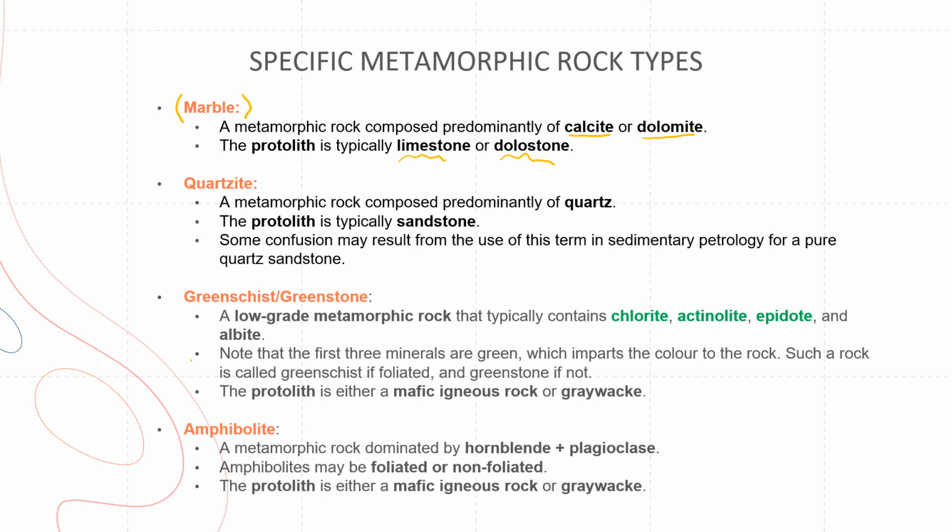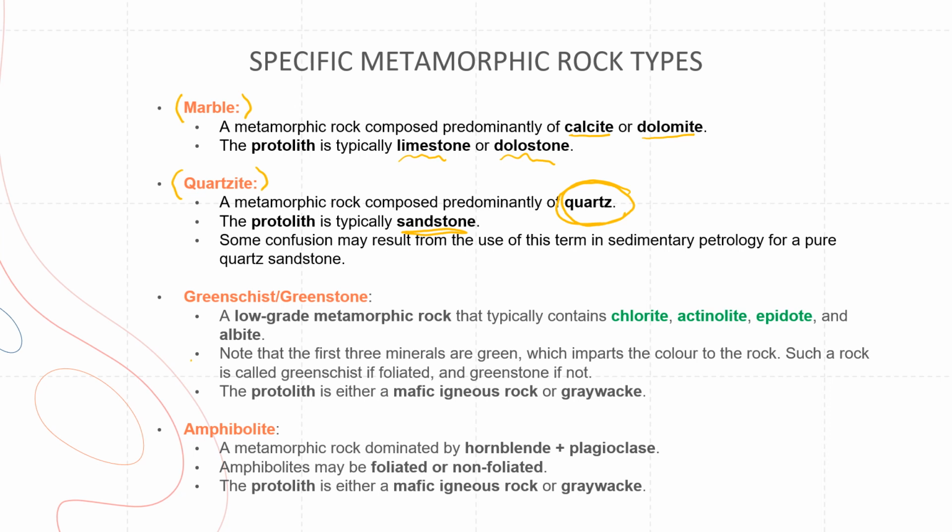Simple enough. Okay, so we'll move on to quartzite. As the name would suggest, quartzite is a metamorphic rock that is composed predominantly of quartz. The protolith for quartzite would typically be sandstone.